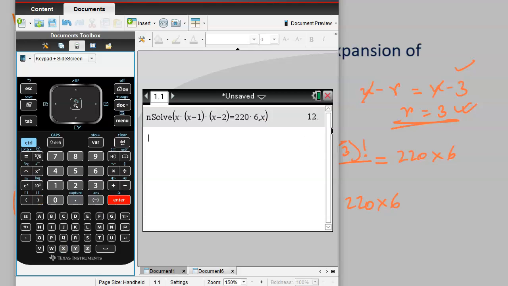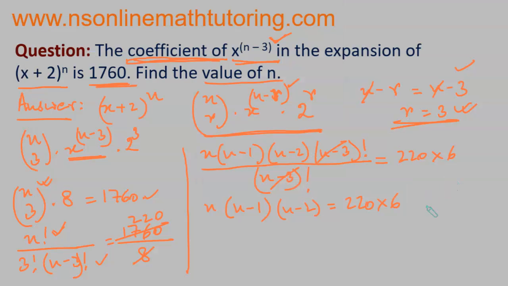Enter. X is equal to 12. That means the n value is equal to 12. So we write the answer as n is equal to 12.